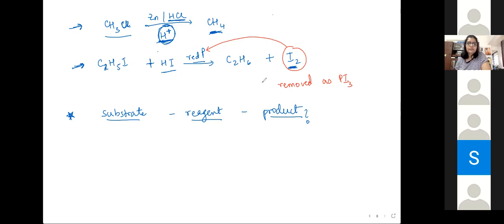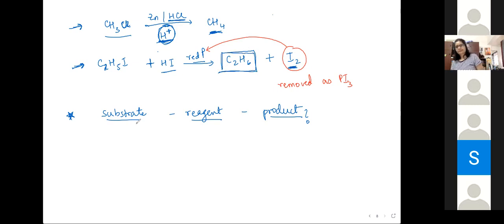Yeah, Kaveri. The red P is used to remove the iodine as PI3, that I understood. But then what is the use of the HI there? HI is the one that's giving hydrogen so that you get your alkane, which is the hero of our story. The whole reason why we're studying the reaction is so we can prepare this.